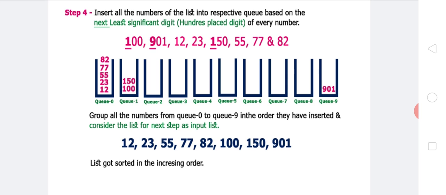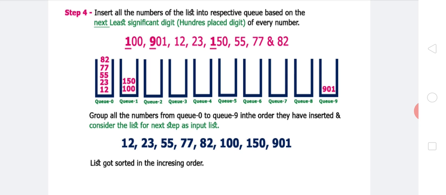And the last element is 82, which is considered as 082, so 0 is the hundreds place digit. Now the first element, 100, is placed in queue number 1, as you see in the figure. Then the next element is 901.